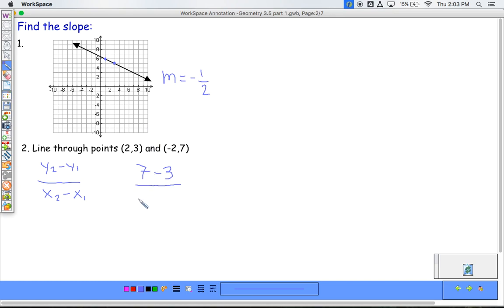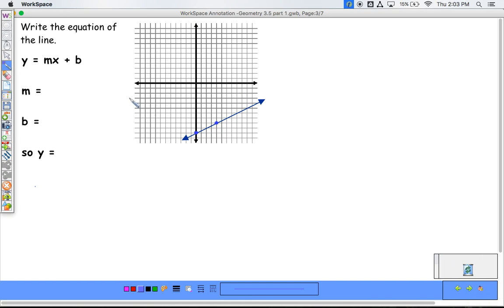So we got negative 2 minus 2. This will get us 4 over negative 4, which if we reduce that, we're going to get a slope of negative 1. So again, looking at a graph, you can simply do rise over run, or if you're just given 2 points, then it's going to be easiest to use that slope formula.